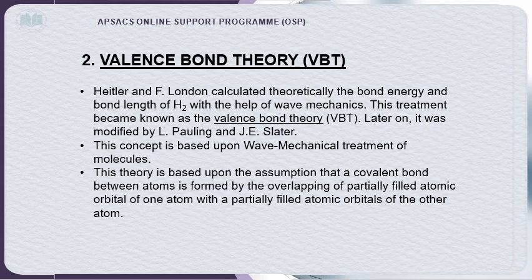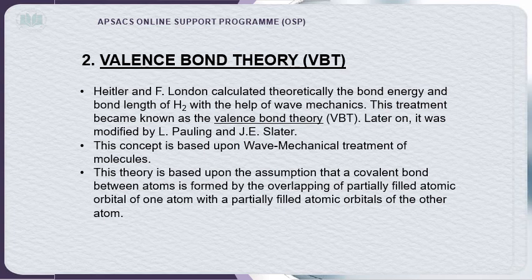Now students, after this VSEPR theory, the second theory is called valence bond theory, VBT, which treats orbitals under the wave mechanical treatment. Here the concept is based upon the wave mechanical treatment of molecules. 2 scientists, Heitler and London, found the bond energy and bond length of hydrogen based upon the wave mechanical treatment of orbitals, and it is termed the valence bond theory.